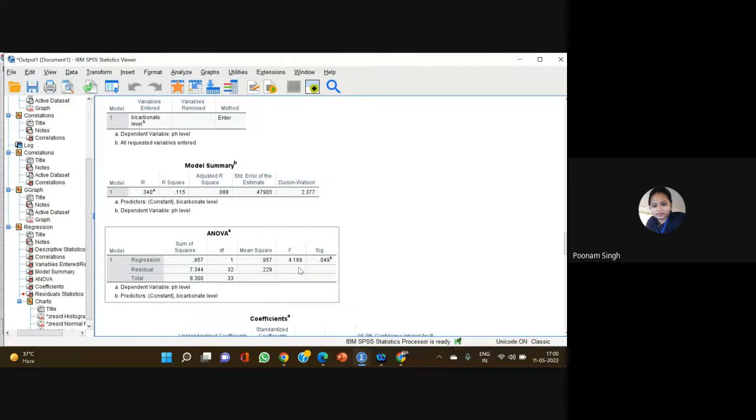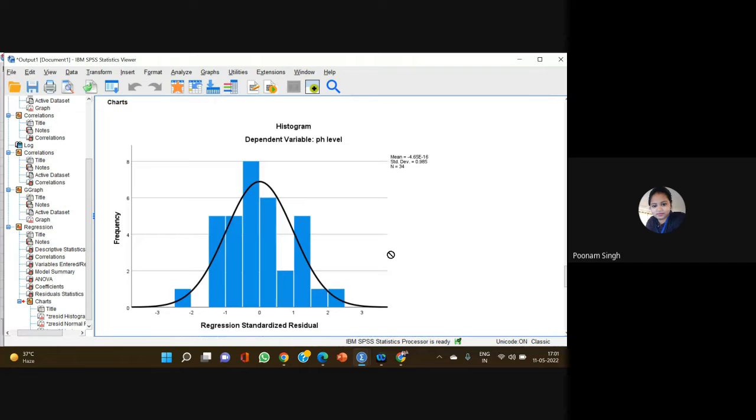It means the predictors we have chosen are not contributing to the output. So if this value is not less than 0.05, then we will say that statistically there is no significant relationship between the predictor and the dependent variable. Okay, now going to the next table.